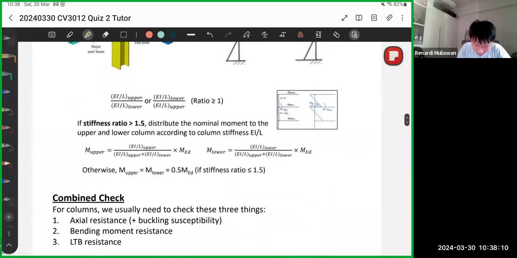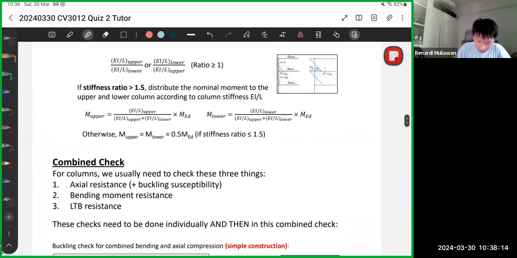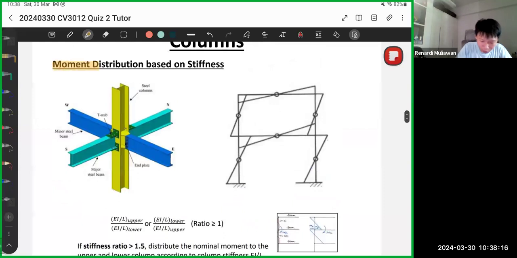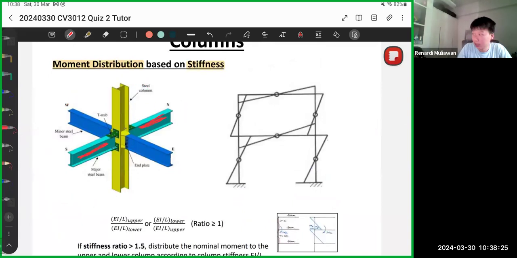Now we go to, I think this is the last theory. Yeah, this is the last theory. So lastly, now let's talk about moment distribution on stiffness. If we go back to this drawing, this set of beams is not only connected to one column, it's actually connected to two.